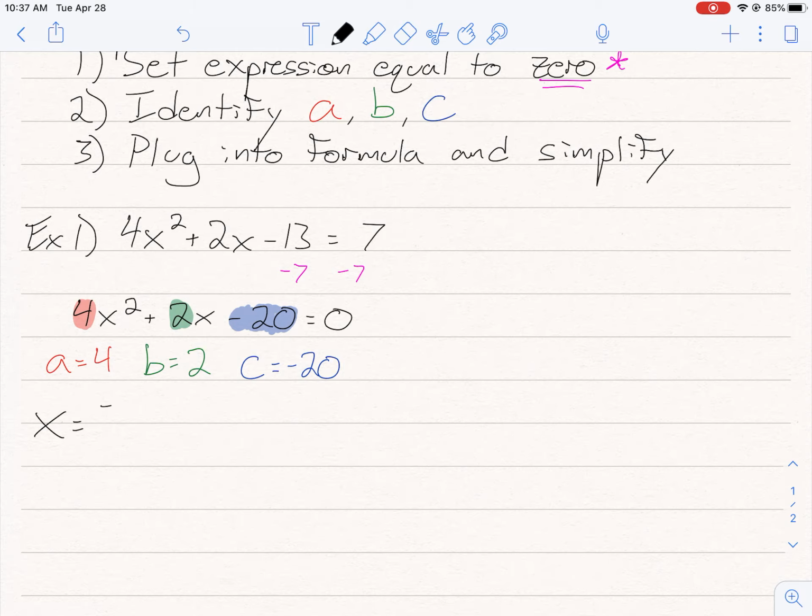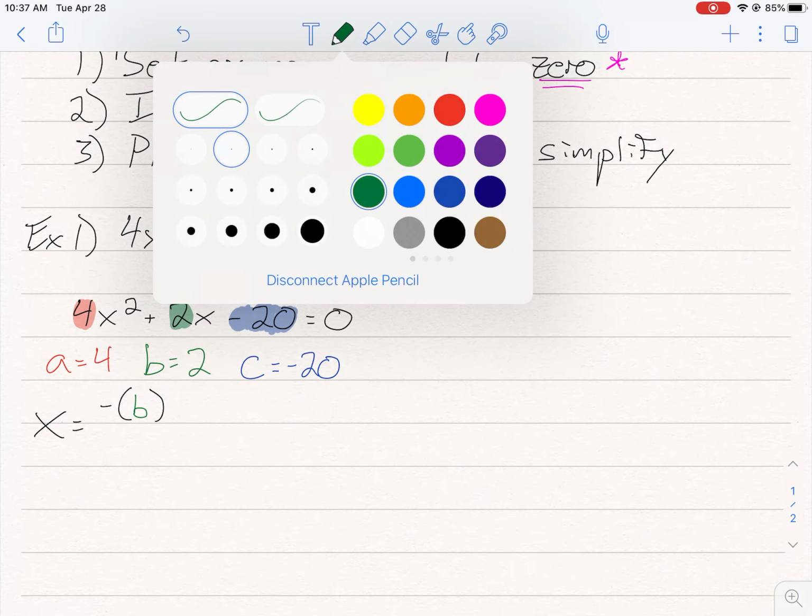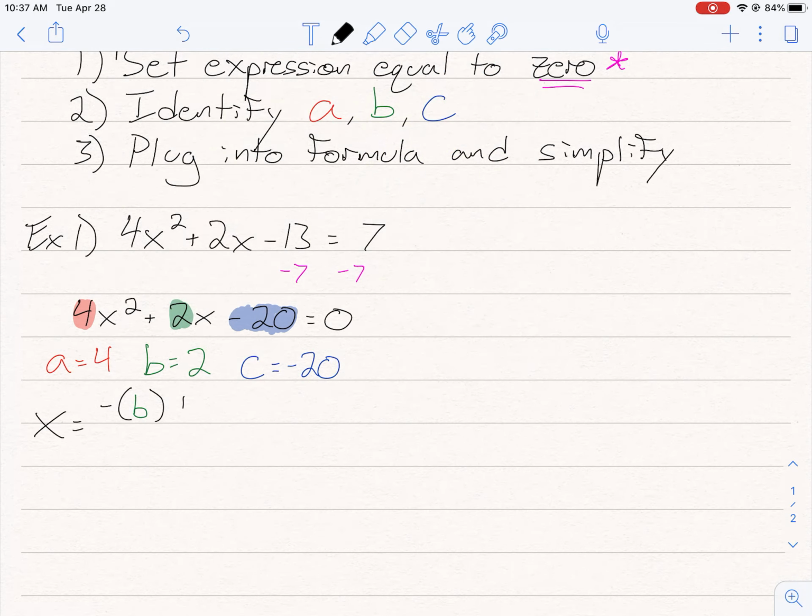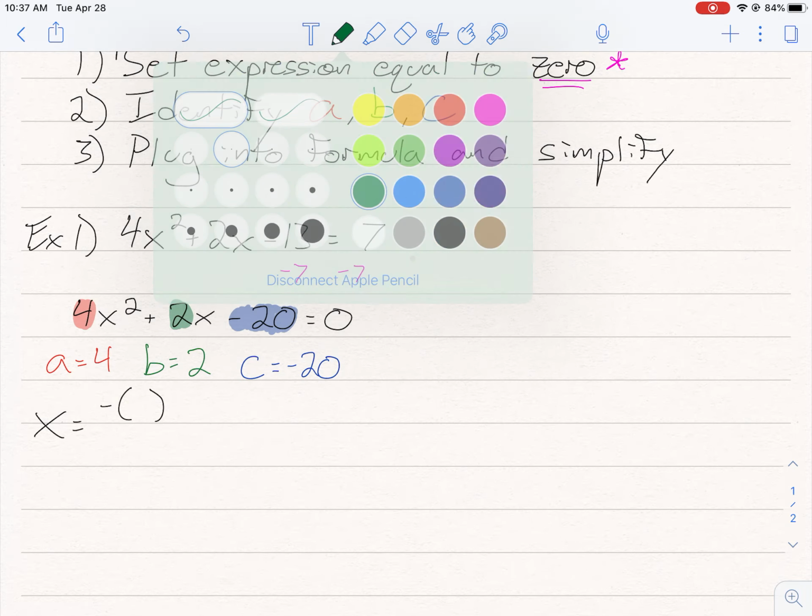So let's plug it into our formula here. X equals negative b. So I'm going to use parentheses every time, and then we'll get rid of those later.